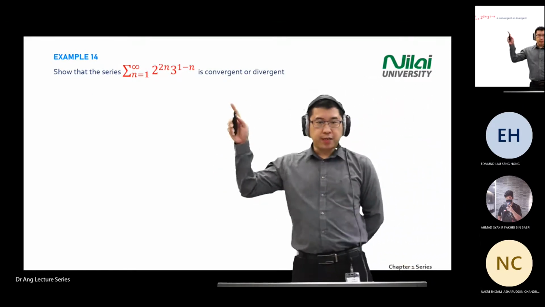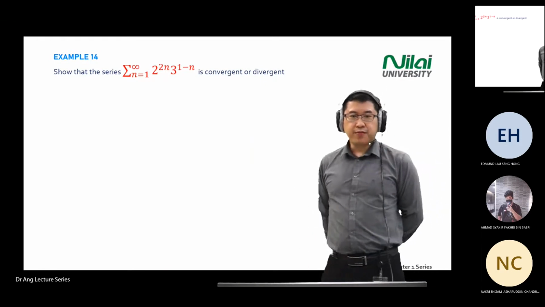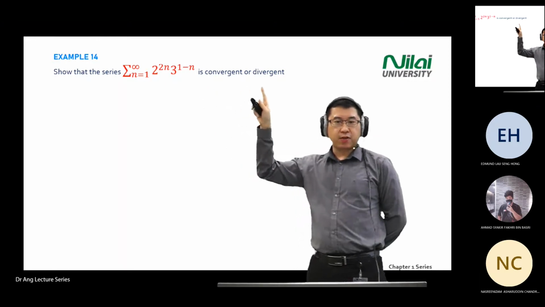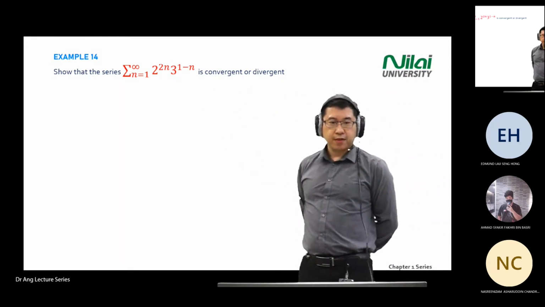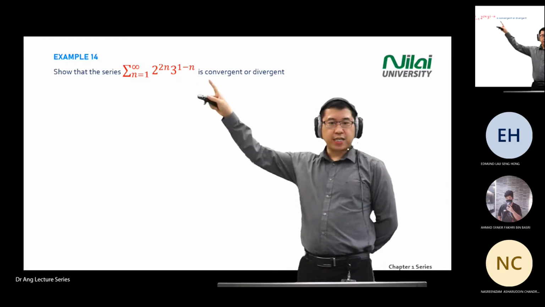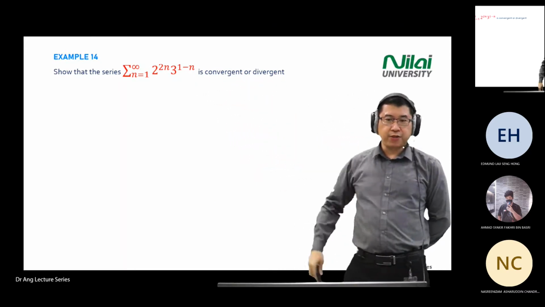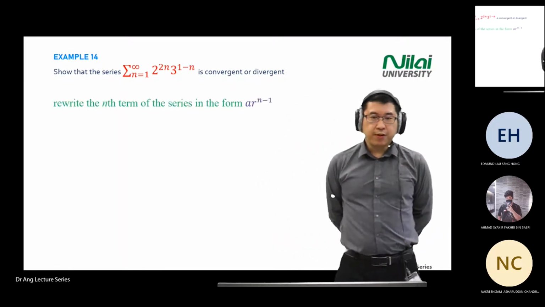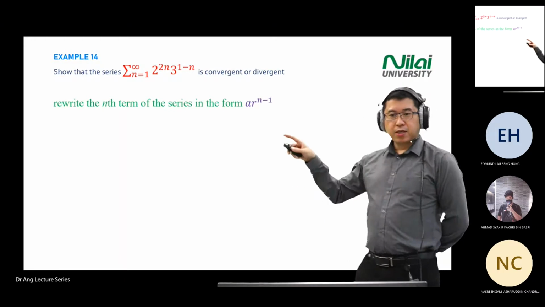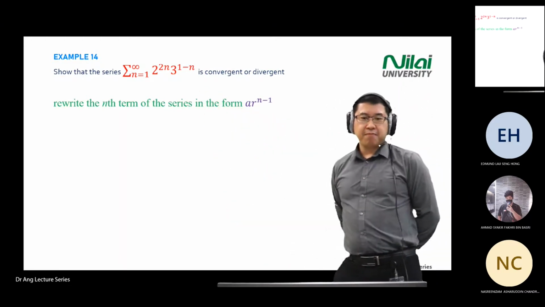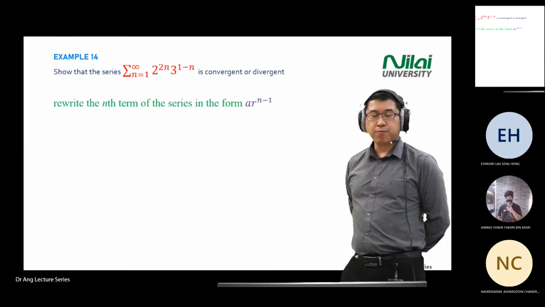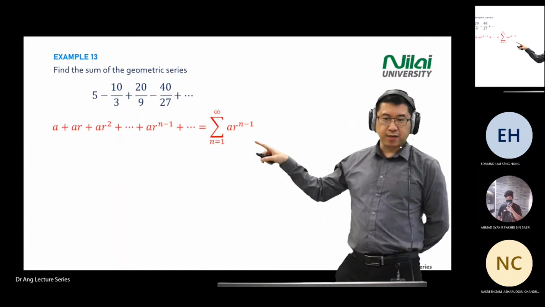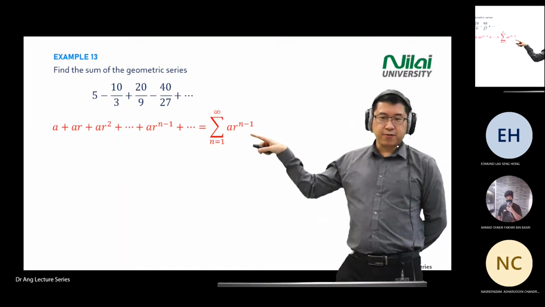Look at the question, example 14. Show that the series 2 power 2n, 3 power negative 1 minus n, is convergent or divergent. It asks you whether this is convergent or divergent. So how do you solve? Go very fast. You look at the question and see whether you can group it under a geometric pattern. What do I mean by geometric pattern? This is a geometric pattern for series.